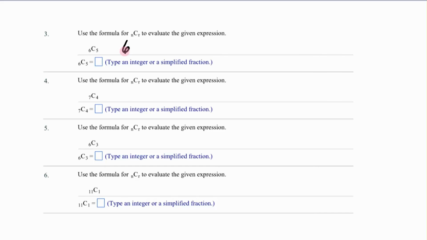If I wanted to write it out, it would be 6 factorial over 6 minus 5 factorial times 5 factorial. 6 minus 5 is 1. 1 factorial is 1, so that's irrelevant. This is 6 times 5 factorial over 5 factorial.